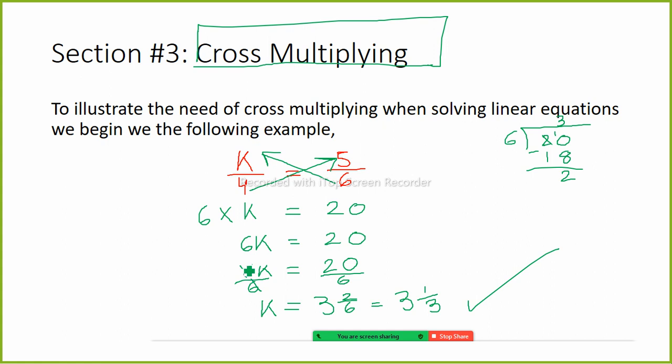We divide both sides by 6. And so that means 6 divided by 6 is k, and 20 divided by 6 is 3 and 2 over 6. All right. So someone said that they didn't get it, so we can do another example to explain it some more.